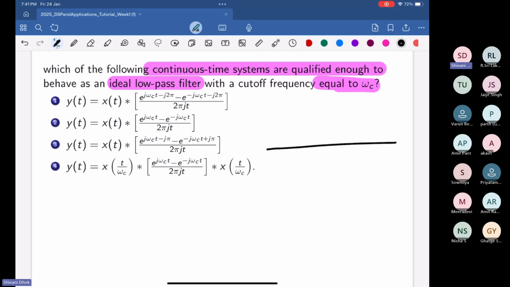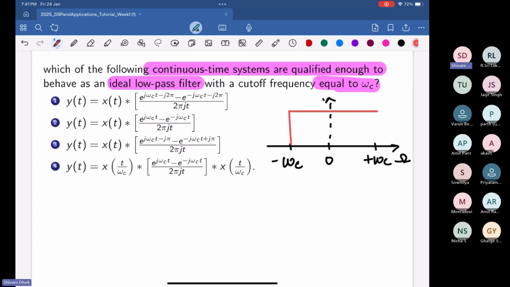So ideally what happens is, let's say this is 0, this is omega c, and this is minus omega c, and this is the omega axis, capital omega. So what we want is this low pass filter should pass all the frequencies in this particular frequency region without any sort of attenuation or adding of phase, and it should not pass anything after omega c.